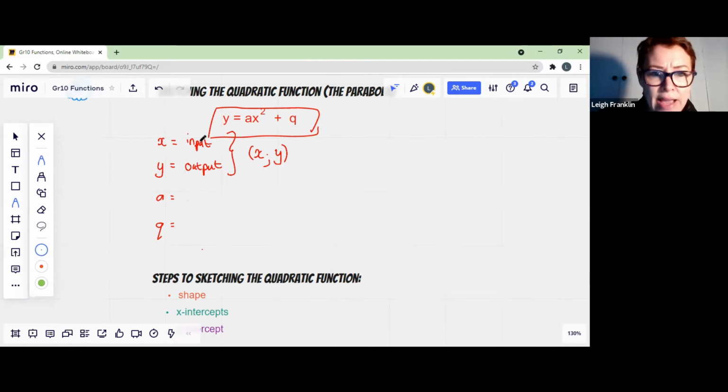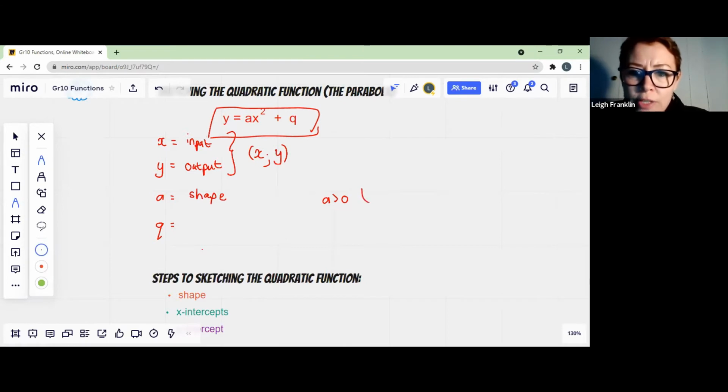So A is there to represent shape. And what's super important for us in grade 10 is knowing that when A is positive, and that's a way of writing when A is positive using symbols, so when A is greater than 0, your graph is going to be a smiley face.